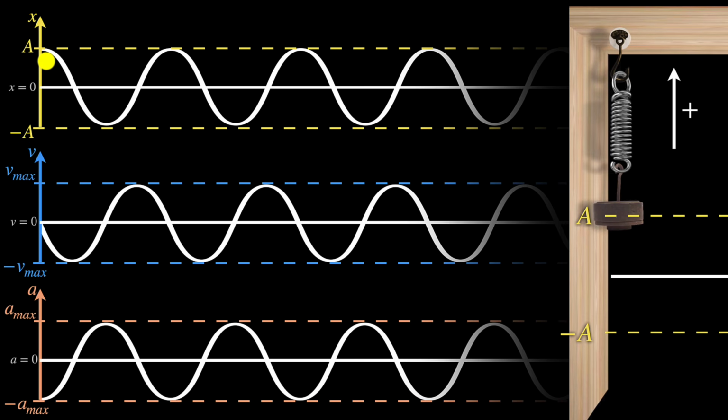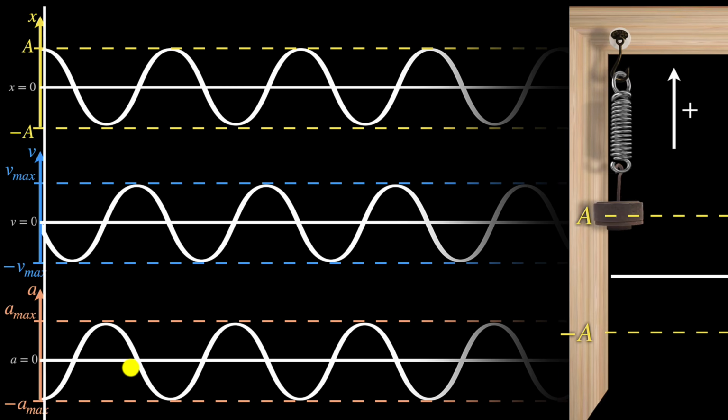All right, so right now we are over here at the positive amplitude. That's the position. And the velocity is 0. This spring is at rest, so its velocity is 0. And because it's compressed to maximum, it'll have a maximum force in the negative direction. So maximum acceleration in the negative direction.